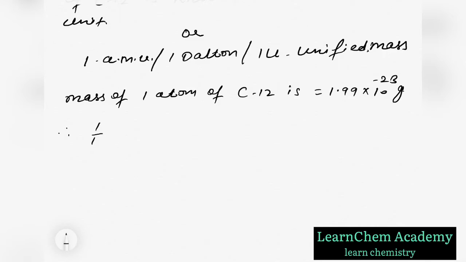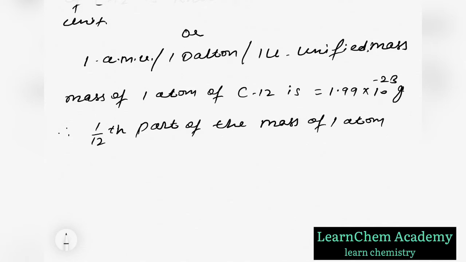So 1/12 part of the mass of one atom is equal to 1.99 into 10 raised to power minus 23 divided by 12.